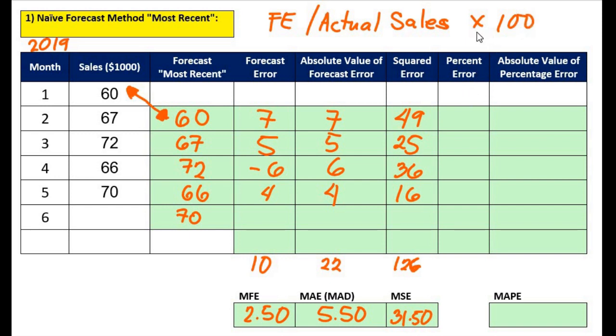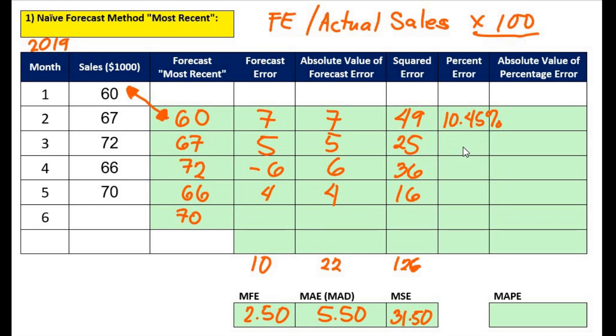Since we are getting the percentage, we multiply it by 100. So 7 divided by 67 times 100, that would be 10.45%.